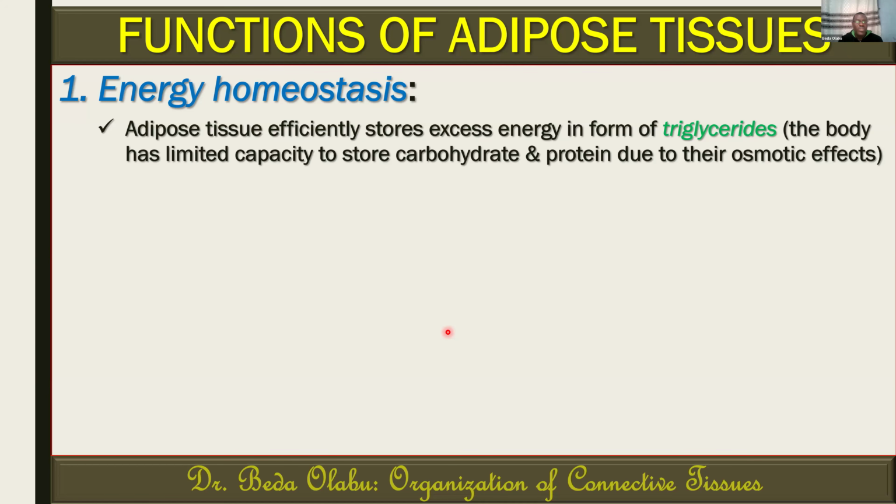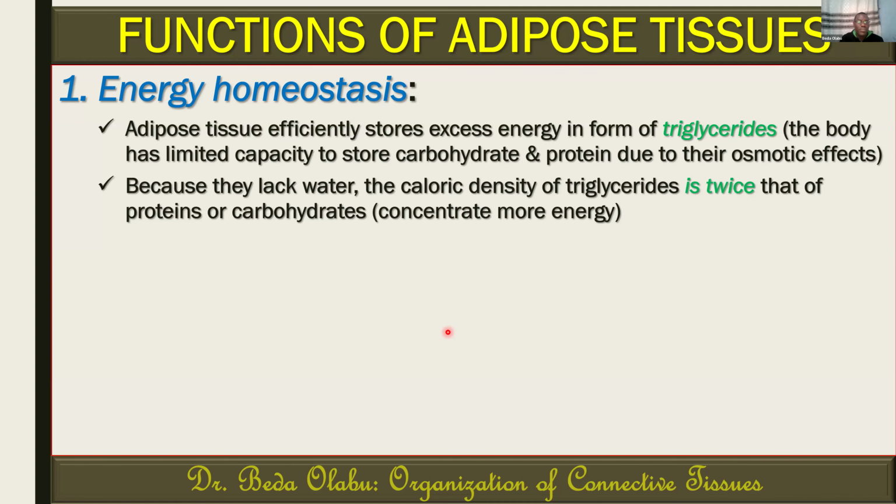So they can only be stored to some extent, like glycogen cannot be stored so much, and maybe not in all cells. But triglycerides, because they don't have water within them, are not osmotically active, so the cells can actually store them quite a lot without adverse osmotic effects.